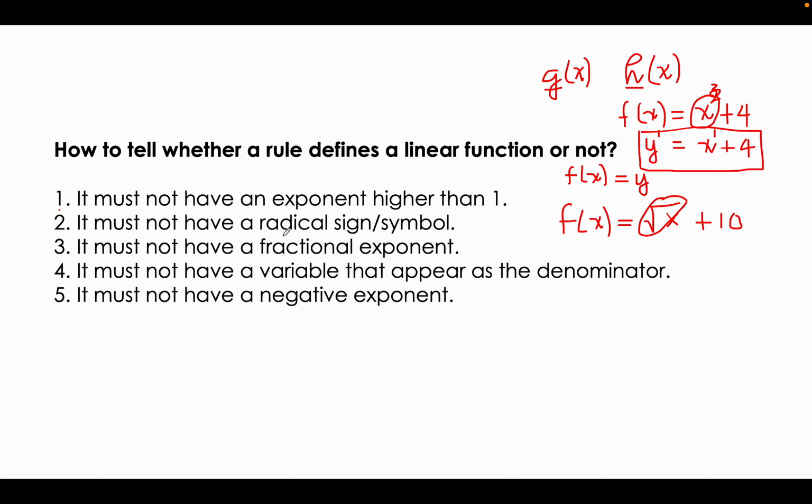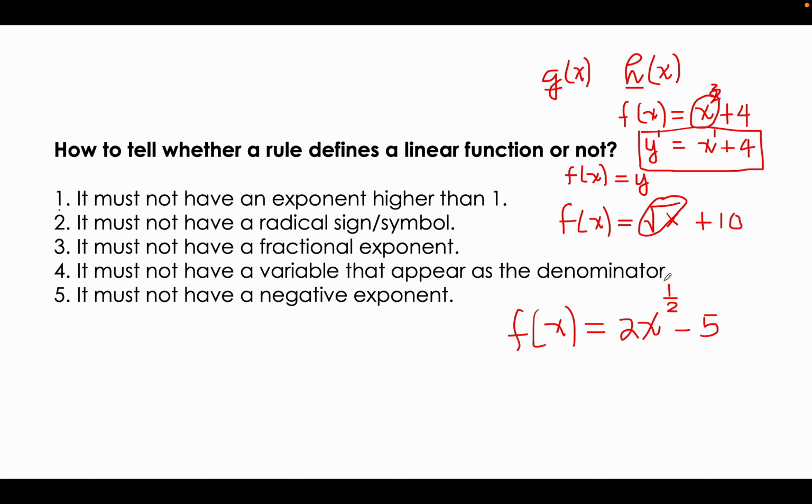And the third one, it must not have a fractional exponent. So when we say fractional exponent, that means fraction. Okay? Supposing we have f of x is equal to, let's say we have 2x, and then the variable x here has an exponent 1/2 minus 5, for instance. So fractional exponent here, x raised to the power of 1/2. Okay?